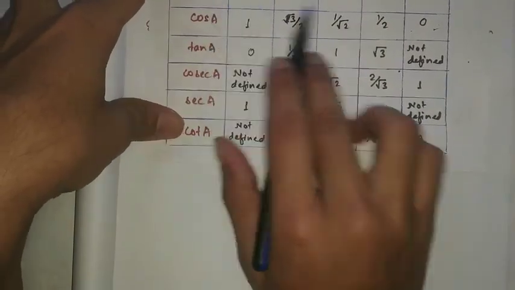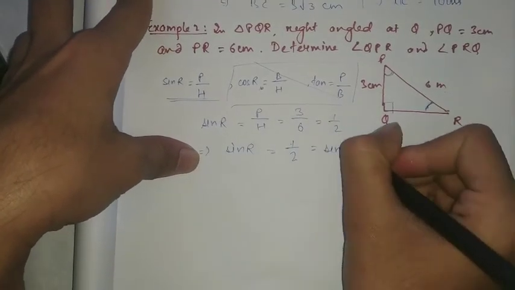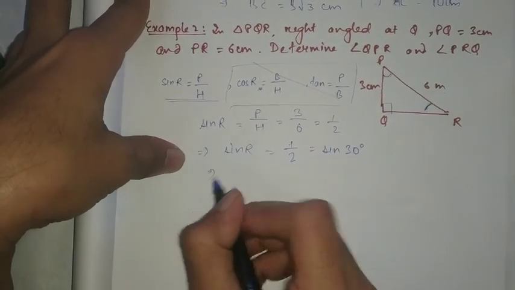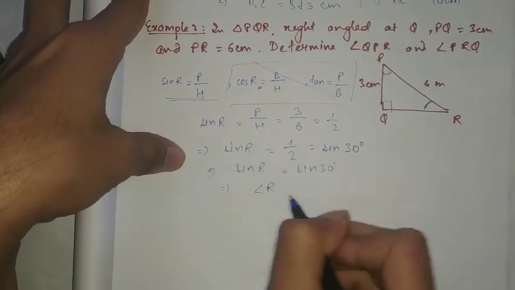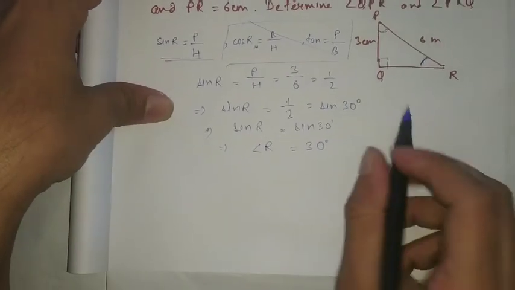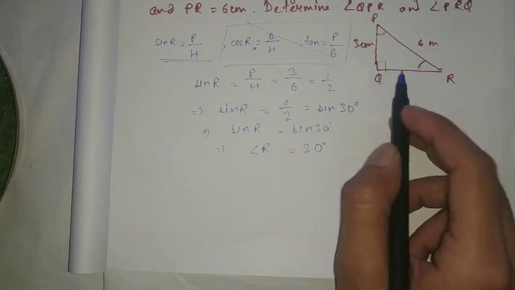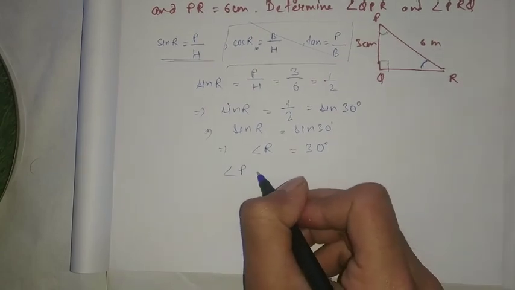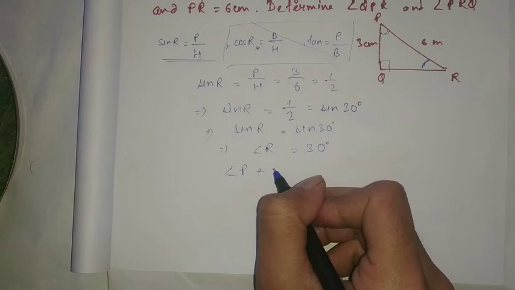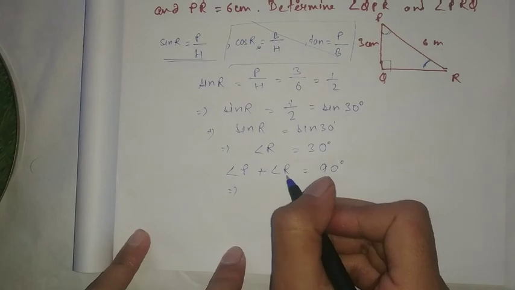So sine of R becomes half, and from the trigonometric table we see that half is sine 30 degree. On comparing, sine R is equal to sine 30 degree, so we get the value of angle R to be 30 degree. And we know in a right angle triangle, the sum of the other two angles except the right angle is 90 degree, that is angle P and angle R. From right angle triangle PQR, the sum of angle P and angle R is 90 degree, and we have found angle R to be 30 degree.